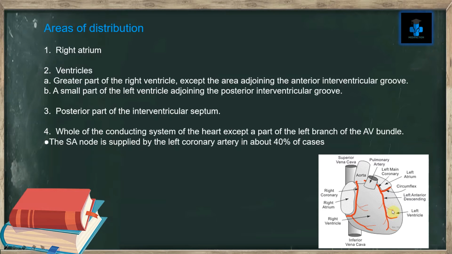Number 3. Posterior part of the interventricular septum. Number 4. Whole of the conducting system of the heart except a part of the left branch of the AV bundle. The SA node is supplied by the left coronary artery in about 40% of cases.